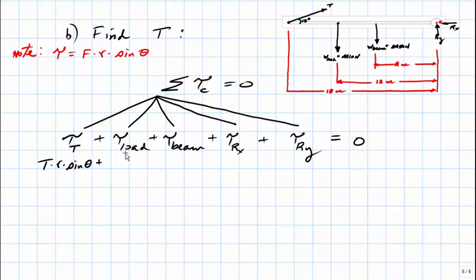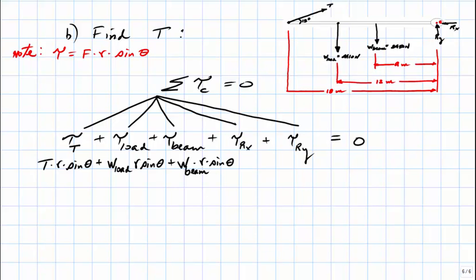The torque of the load requires, again, a force, but the force of the load is represented by the weight of the load, times R times the sine of the angle between those two. The torque of the beam is represented by 3 ingredients as well. Of course, the force is represented as the weight of the beam times R times the sine of the angle between those two.